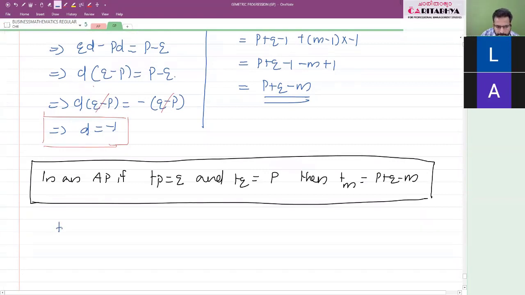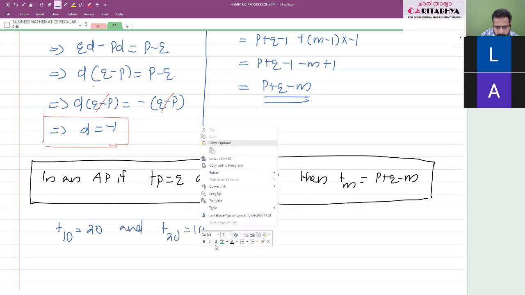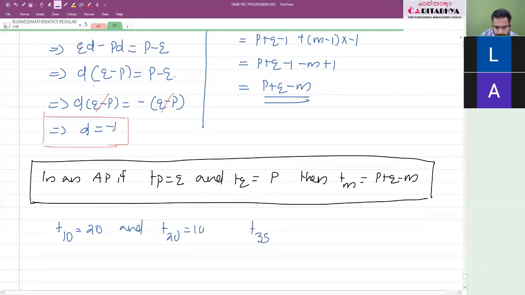So the answer is right. T10 is equal to 20 and T20 is equal to 10. Then T35. Okay. So T35 is 10 plus 20 minus 35, which is equal to minus 5.